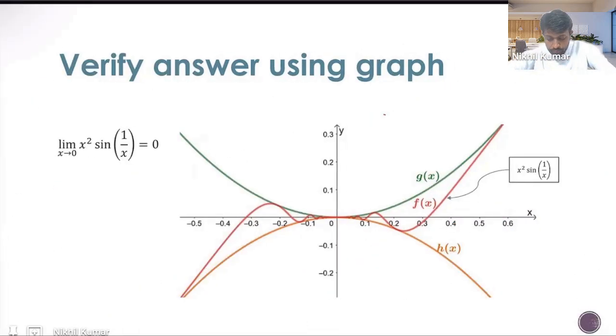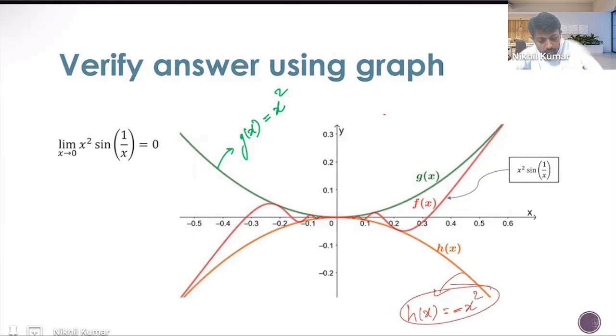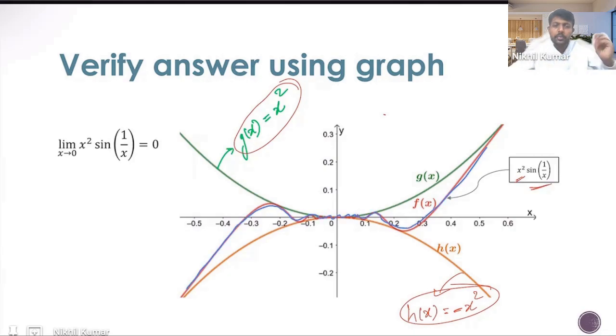So concave up parabola is your x square or plus x square. Concave down parabola is your h of x equal to minus of x square. We have two functions, and in the middle we have actually our original function, which is x square into sine 1 upon x. It goes like this, and finally like this.